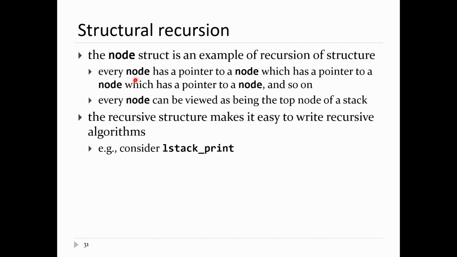Every node has a pointer to a node. That node has a pointer to another node, and so on, until you reach a node whose next link is null. So it's structurally recursive, but it's not infinitely recursive. Eventually, you'll hit a node whose next link is null.